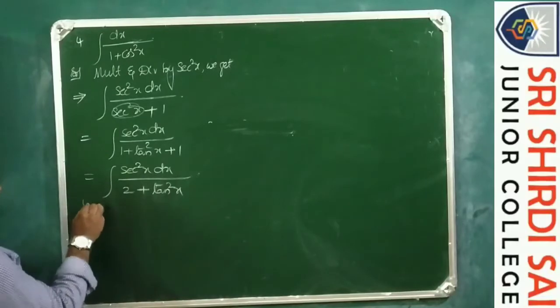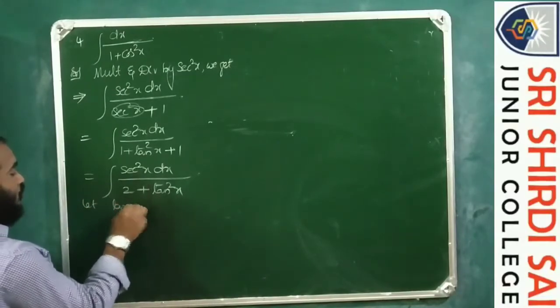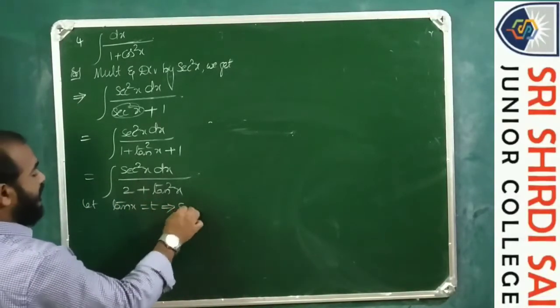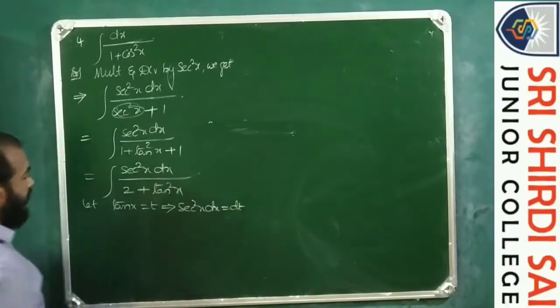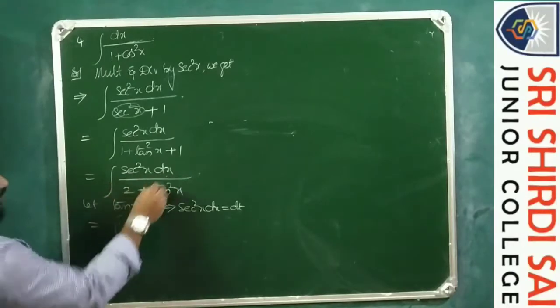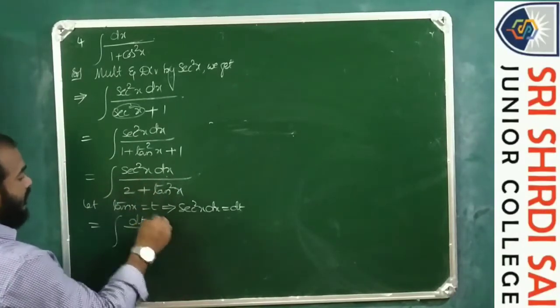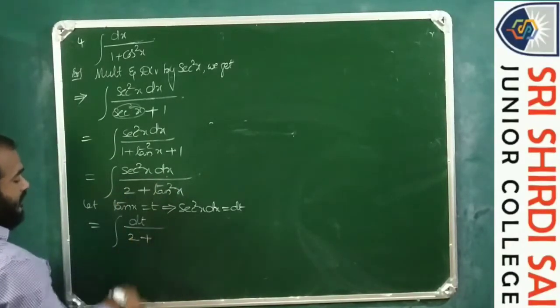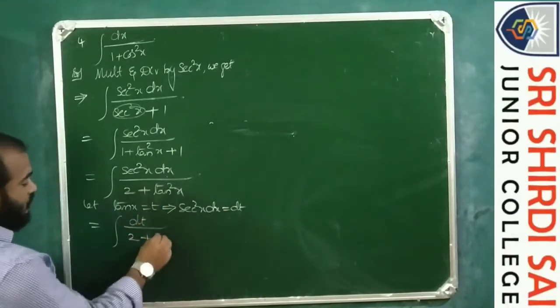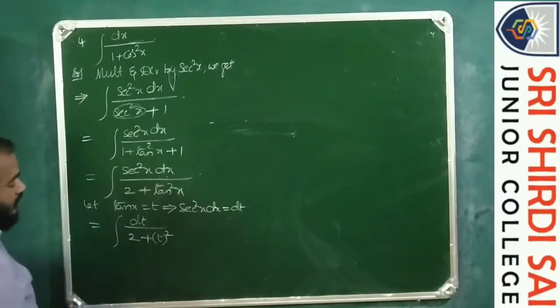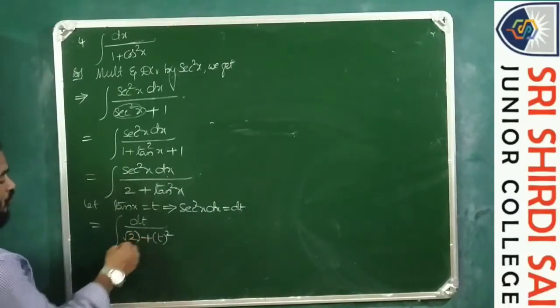So let tan x equal t, then we get secant square x dx equal to dt. This is equal to dt by 2 plus tan square x, which is nothing but tan x whole square. Tan x is t, so t square. So 2 can be written as root 2 whole square.